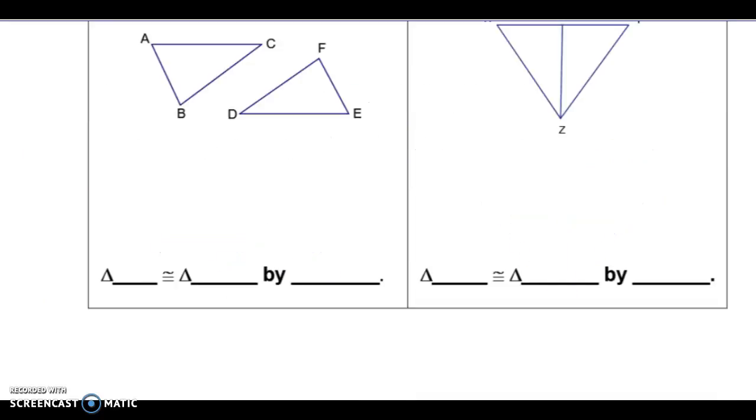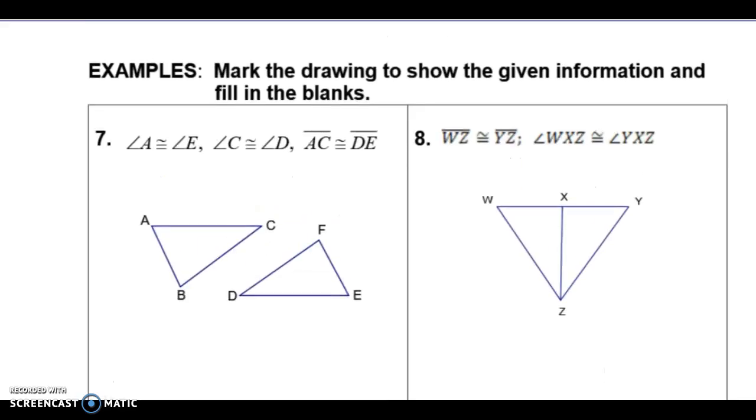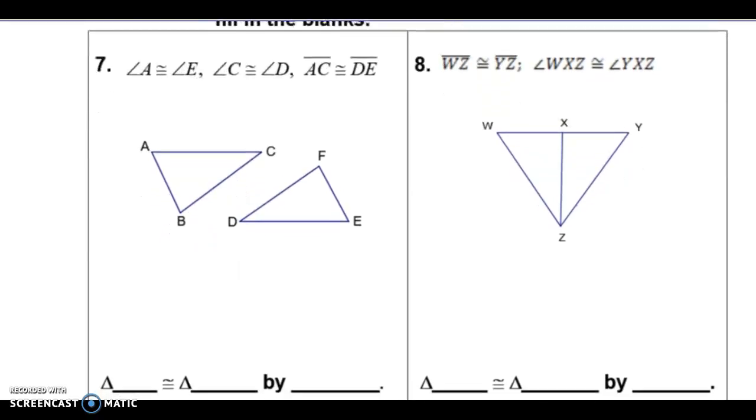All right, let's look at this last example here. It says angle A, we want to mark our picture and then fill in the blanks. So we know angle A is congruent to angle E. We know angle C is congruent to angle D. And line segment AC is congruent to line segment DE.